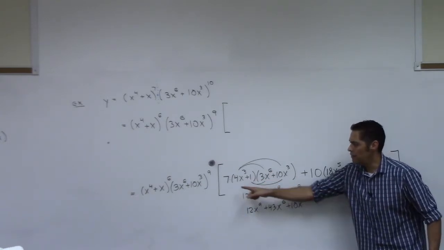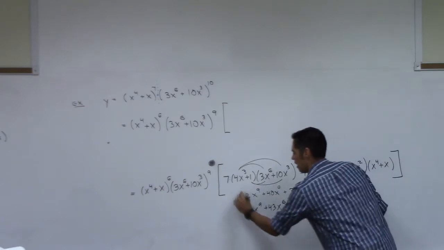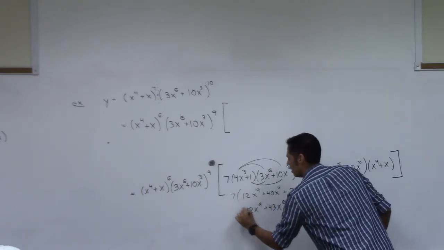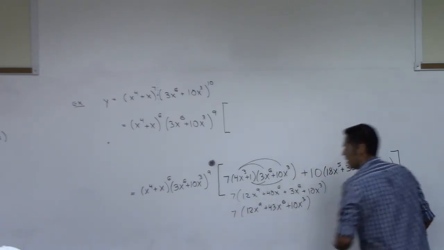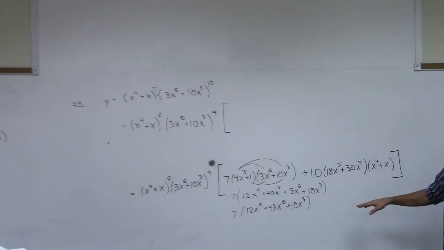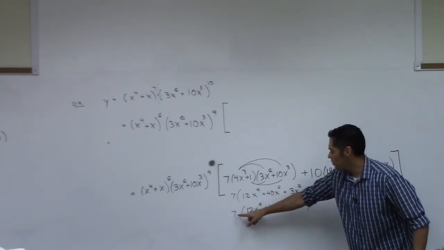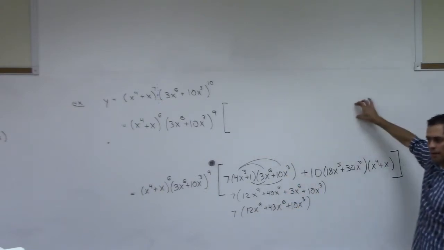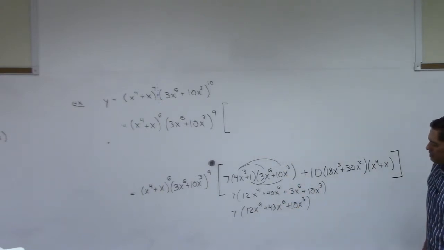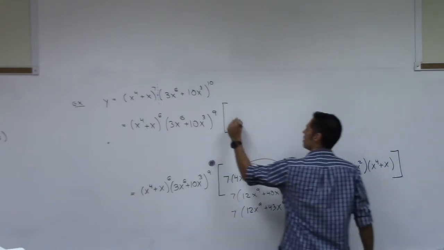But what do I have in front of it? A 7. So I had a 7 in front of that, and I had a 7 in front of that. Let's distribute the 7 through. Someone get a calculator out. And whatever we get, we're going to slap it right here, okay? So what's that, 84 x to the 9th?